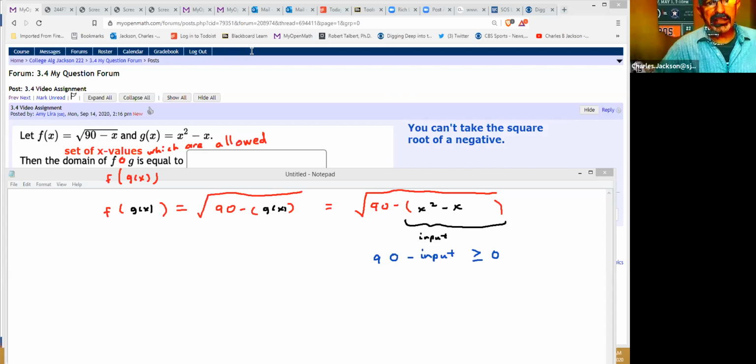So 90 minus the input has to be greater than or equal to 0. We'll subtract 90 from both sides.